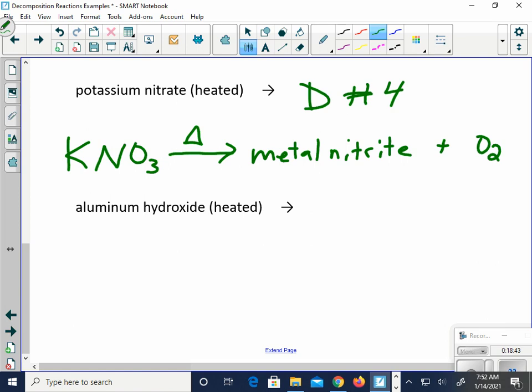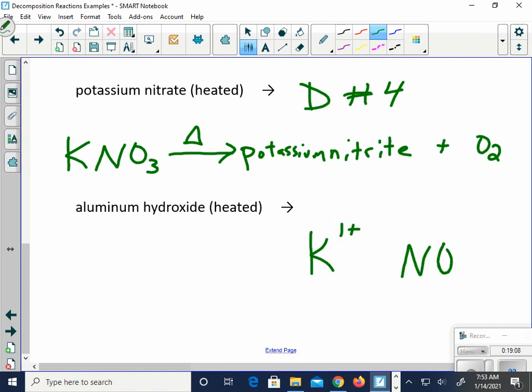Oxygen's a diatomic. What is my metal here, Will? Potassium, so I can substitute that in there. So it's going to give me potassium nitrite and oxygen.